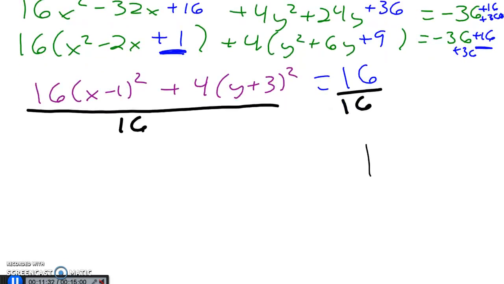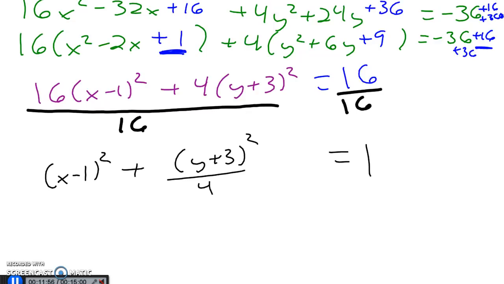We'll apply that division on the left-hand side to both of these portions. Basically, we're distributing 1/16. So 1/16 times 16 times x minus 1 squared is x minus 1 squared plus y plus 3 squared over 4.